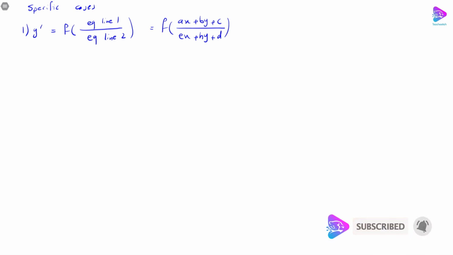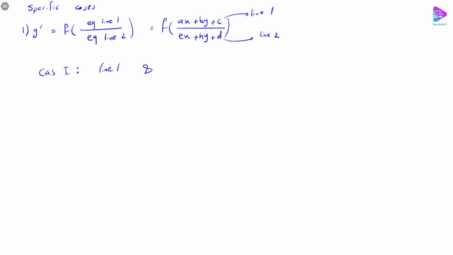So now we're going to look at different cases. Case 1, I'm going to call this line 1 and this line 2 throughout this. So case 1 is where line 1 and line 2 pass through the origin, which basically means f of 0 is equal to 0.